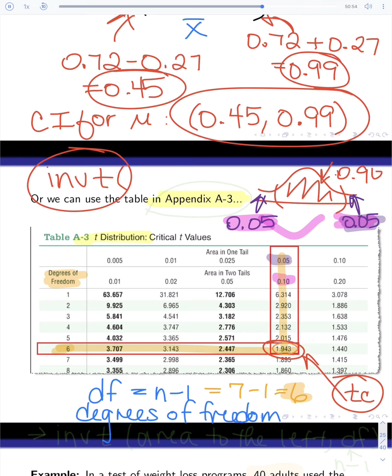Remember that you do get one sheet of paper that you can use for notes, so you may want to add something about how you're going to either use the appendix for the t distribution table, or how to use the inverse t if you're using your calculator, which is that it needs an area to the left, comma, then what comes next is your degrees of freedom, and depending on how good your memory is, you may also want to put n minus 1 is what your degrees of freedom is.